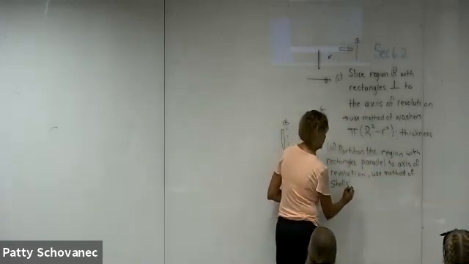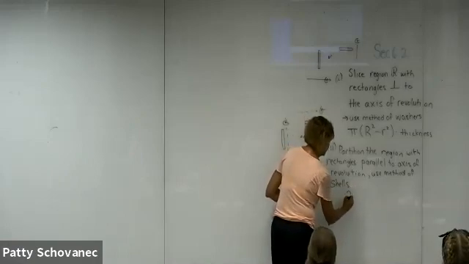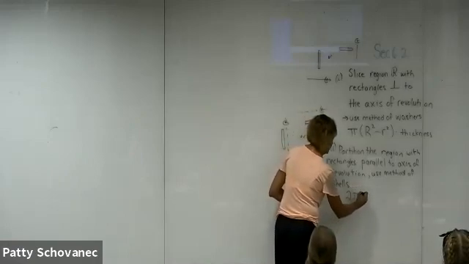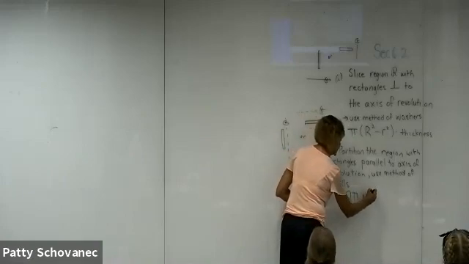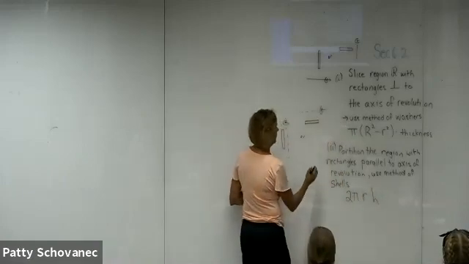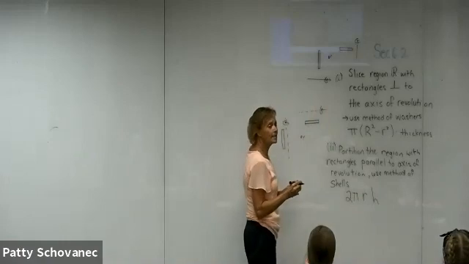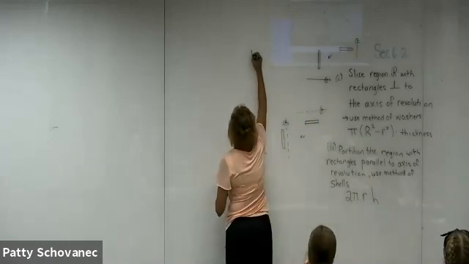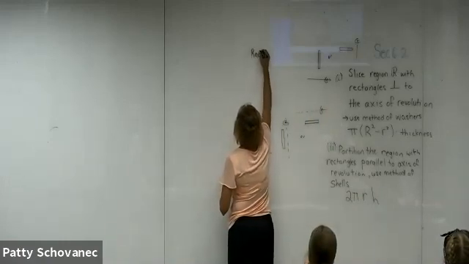and our plan is 2 pi r times h, where in every single one of these cases, the radius is always measured from the axis of revolution.